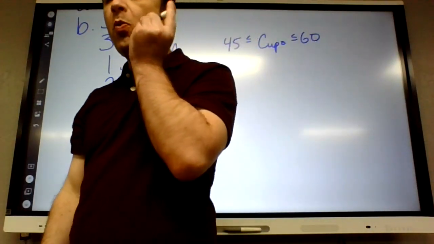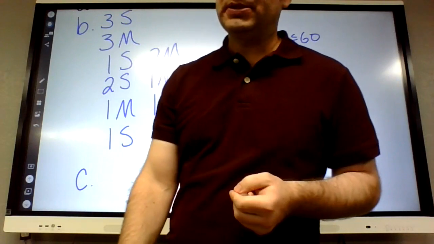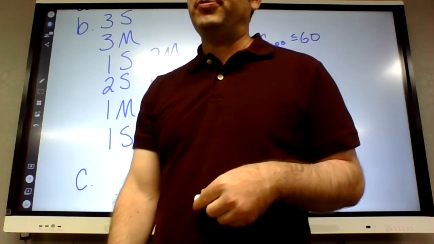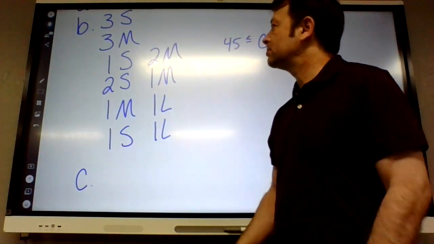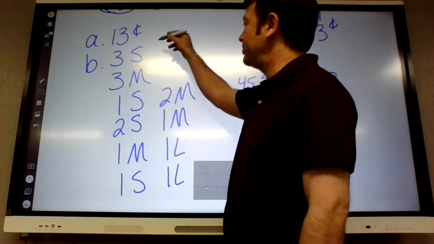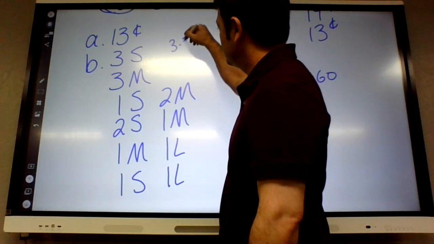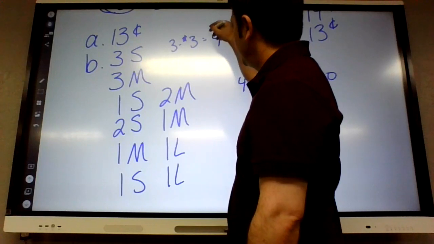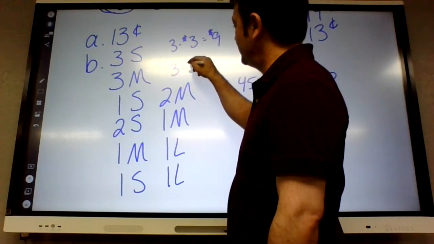Okay, the C question is, what combination meets the requirement for the lowest cost? Like if we got 3 small, for example, it'd be 3 times $3, so it'd be $9. 3 mediums would be 3 times 3.60.